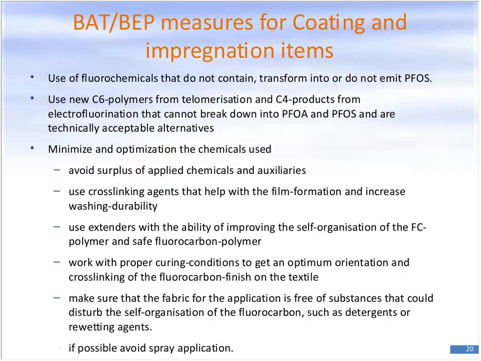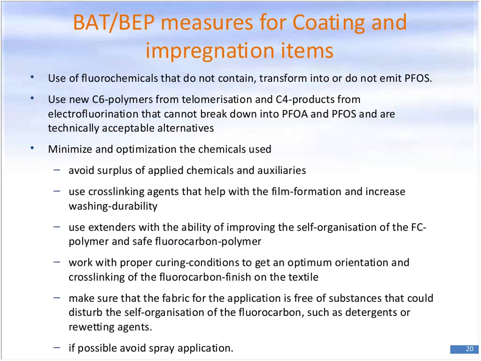So some of the BAT and BEP for coating and impregnation items are described here. And as usual, the minimization of use or the substitution is essential. For example, the use of new C6 polymers from telomerization and C4 products from electrofluorination that cannot break down into PFOA or PFOS are alternatives that are feasible and technically acceptable.